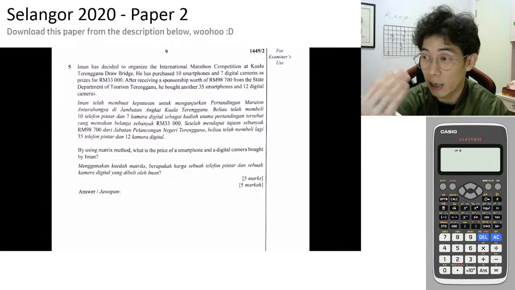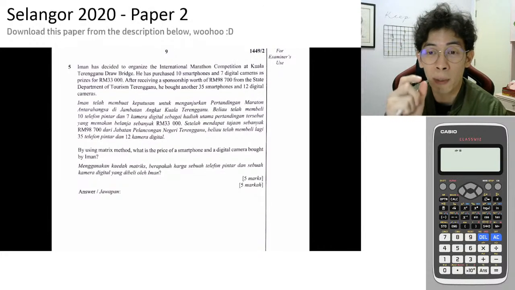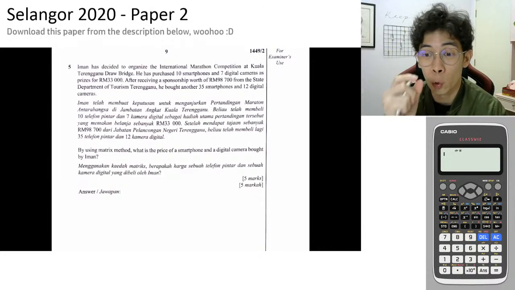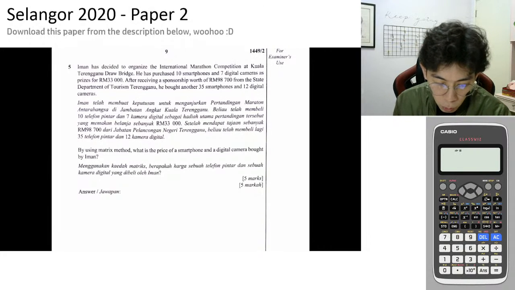Everyone, see, always, when you do simultaneous equations, always check for the total. So total 33,000, total 98,700.